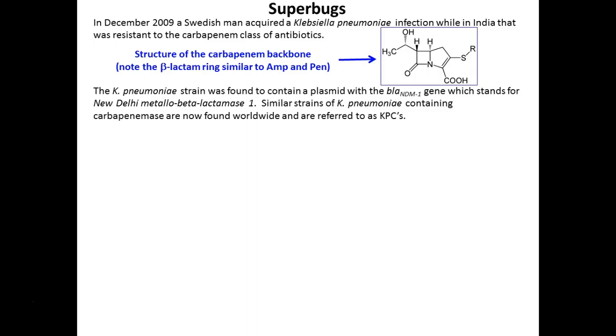The enzyme that digests this beta-lactam ring structure right here is referred to as beta-lactamase, right? So they found the gene, the DNA, that told that bacteria how to make this enzyme. So when that antibiotic goes in, the enzyme digests it and stops it from working. Still with me? Okay. So similar strains of Klebsiella pneumoniae contain enzymes.